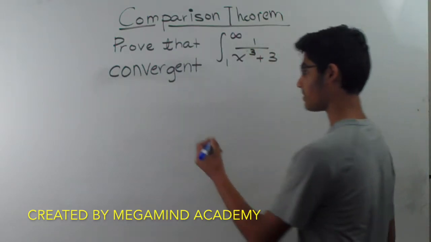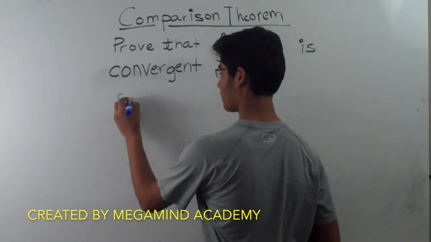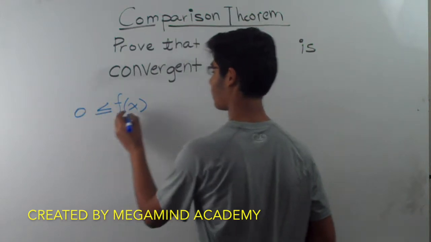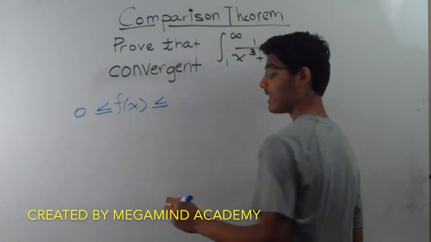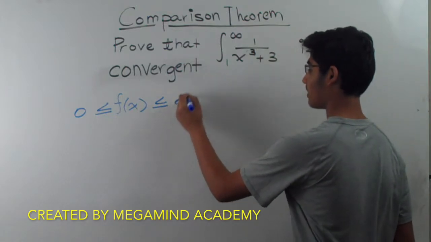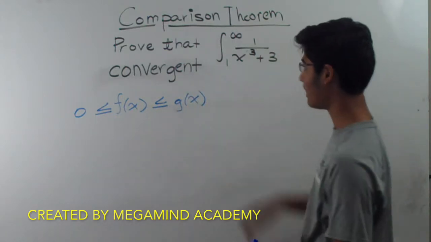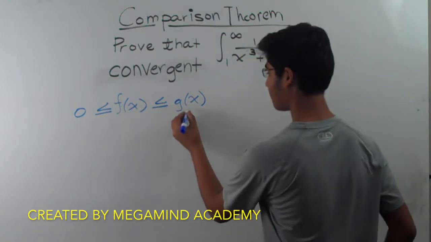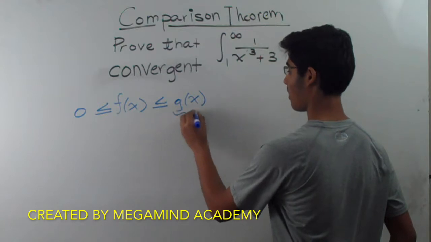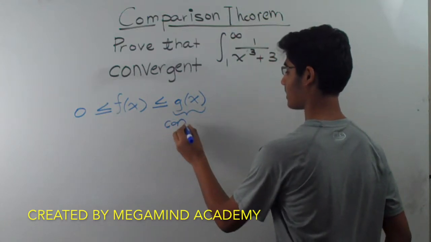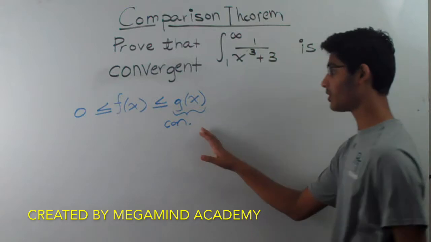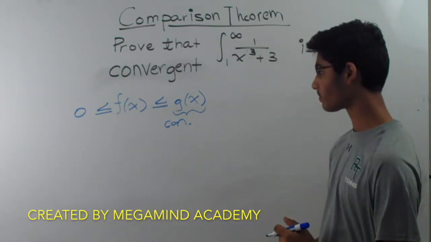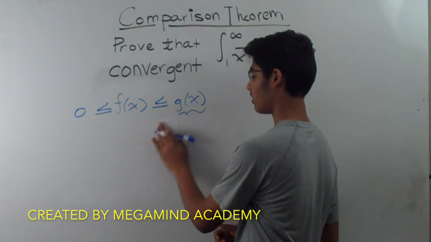So the comparison theorem says that if f of x is greater than or equal to 0 and less than or equal to g of x on the domain of the integral that you're trying to compute, and if g of x is convergent, I'm just going to say CON for short, then that means that f of x is convergent too on that integral.